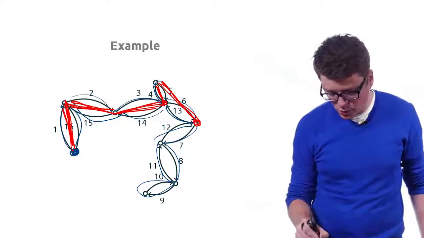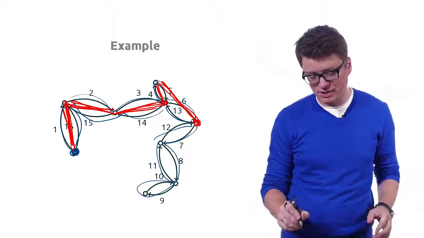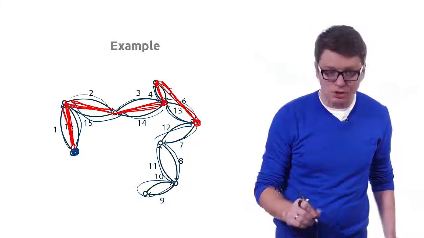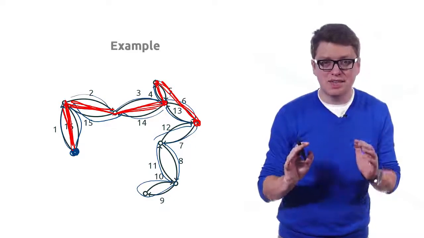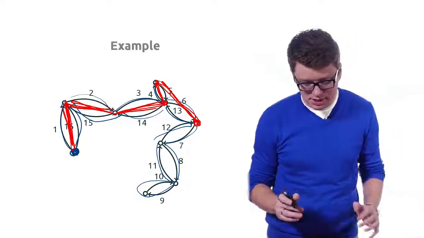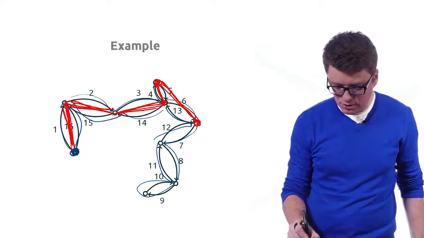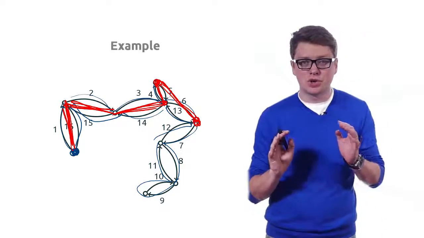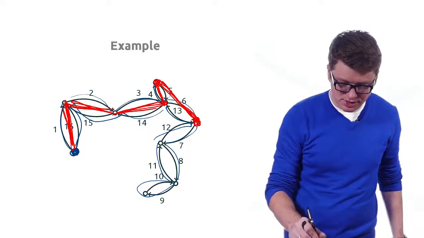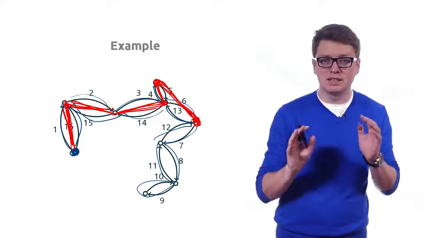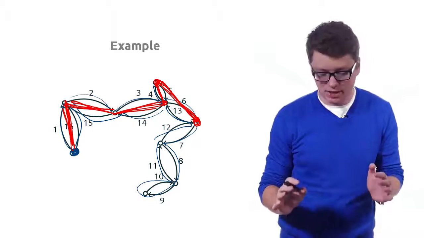So instead of using edges 5 and 6, we go directly from here to here. And the nice property is that our graph is metric, which means that going directly from this node to this node can only shorten our current cycle.